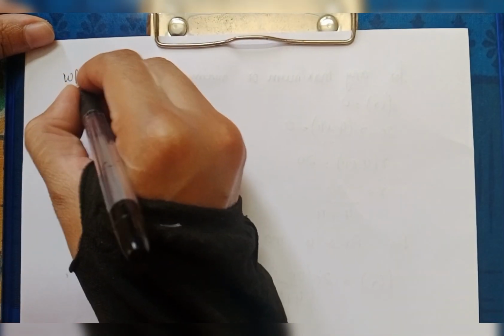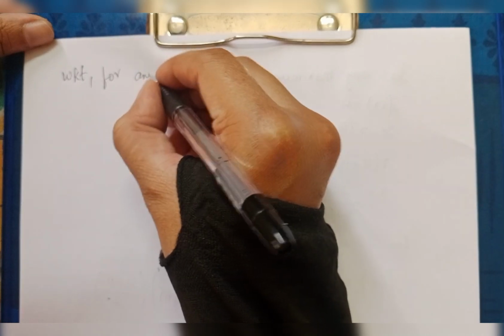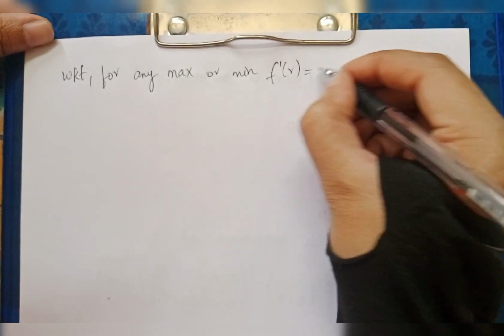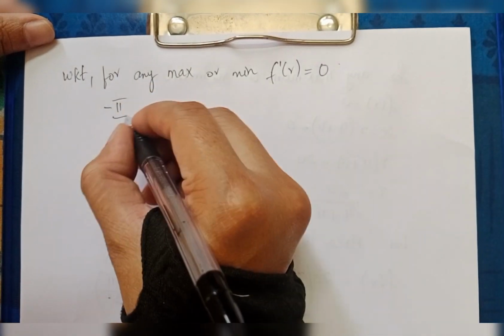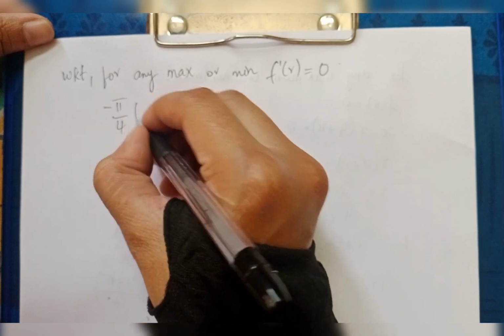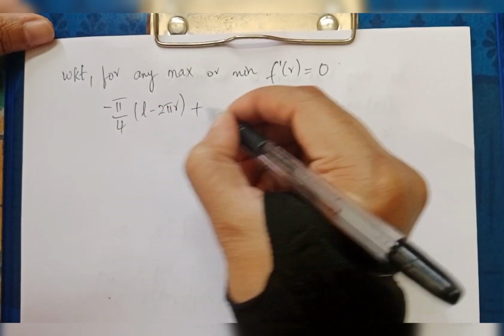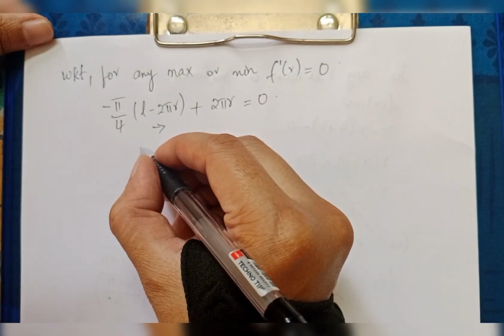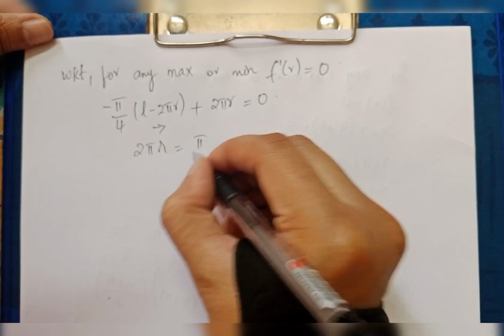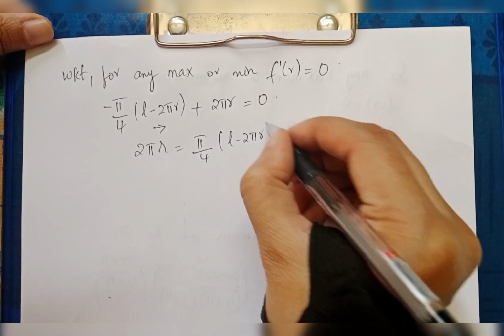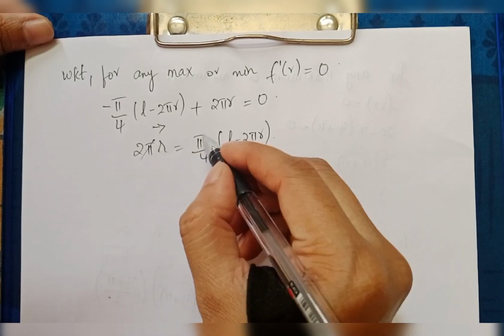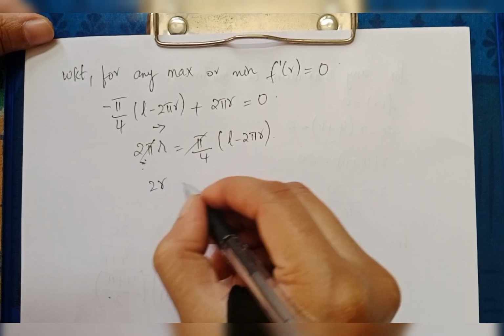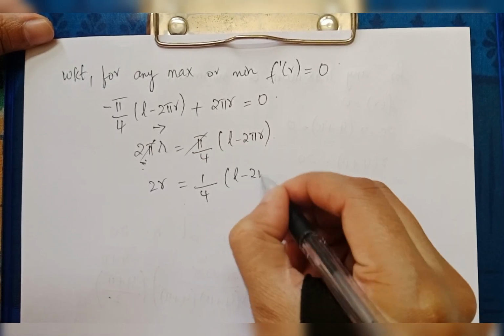We know that for a maximum or minimum value of the function, f dash of r will be equal to 0. So we'll equate the f dash of r value to 0. So minus pi by 4 into (L minus 2 pi r plus 2 pi r) is equal to 0. Shifting this term there, it is positive. So 2 pi r is equal to pi by 4 into (L minus 2 pi r). Here pi gets cancelled. So it is 2r is equal to 1 by 4 into (L minus 2 pi r).